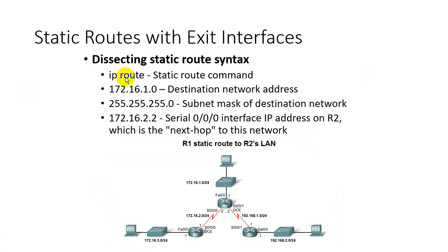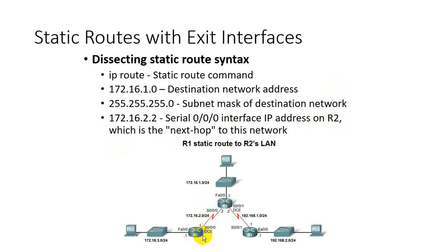Dissecting the static route syntax: ip route, the destination network address, the subnet mask of the destination network, serial 0/0, and the interface IP address on R2, which is the next hop to this network, 172.16.2.2.